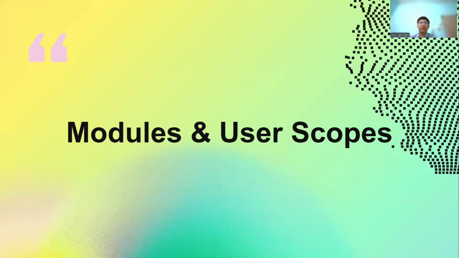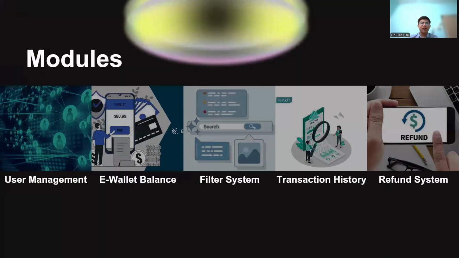And then the modules and the user scope. There are 5 modules. The first one is user management. The admin can enter their account, and they can add users such as staff and vendors, and then they can view and change balances.